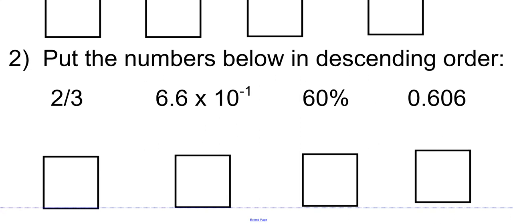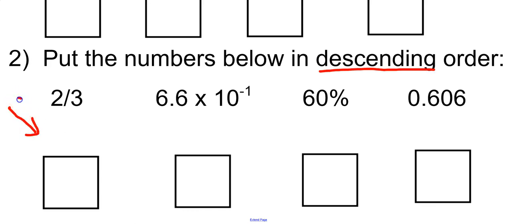On the second one, it says descending order. So descending order means we're going down. Descending is down. So this time, don't let that trick you. You're going to go from, instead of from least to greatest, you're going to go from greatest to least, because you're going to descend. You're going to go down.